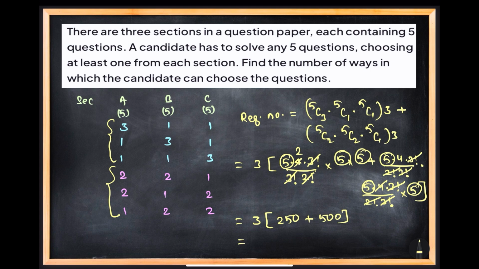So it is 750 multiplied by 3, which is 2250. So there are 2250 ways in which this problem can be resolved. I hope the idea is clear.